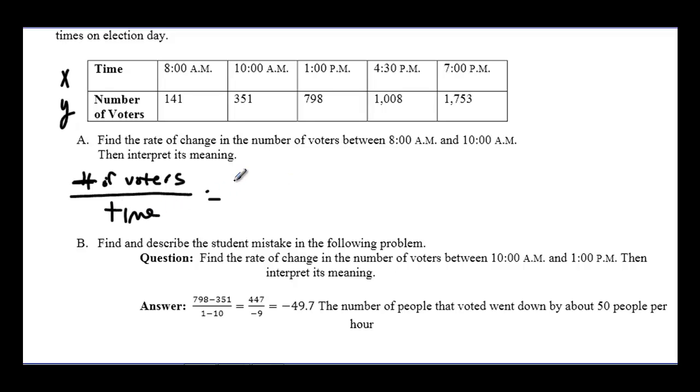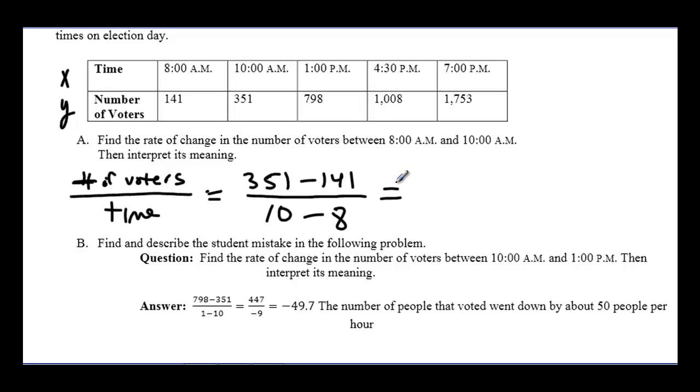And that's going to be equal to 351 minus 141 over 10 minus 8.